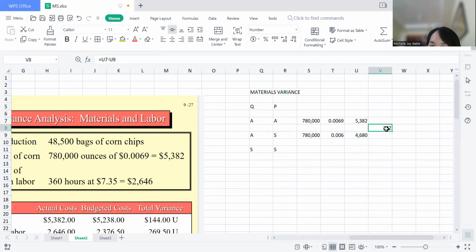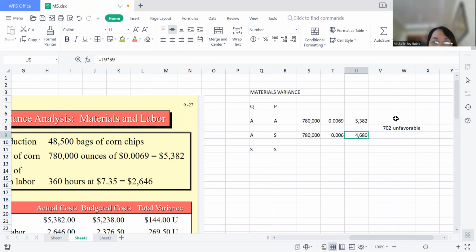Is this favorable, class? No, this is unfavorable. Say we anticipated our expenses, or budgeted the cost for this particular unit to be just this much. But this is at the actual quantity.